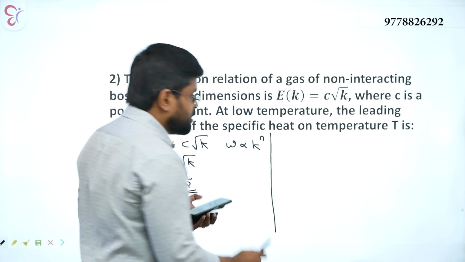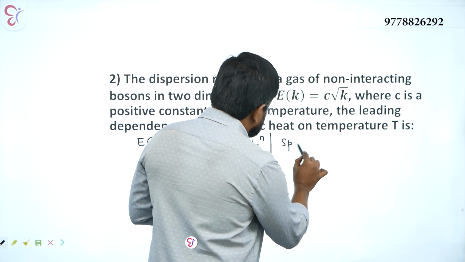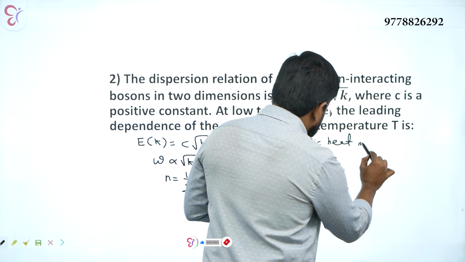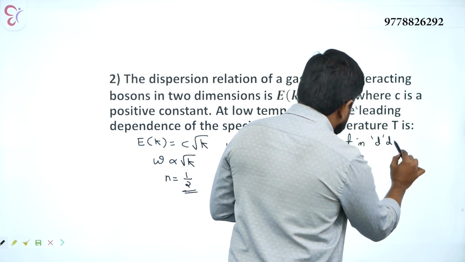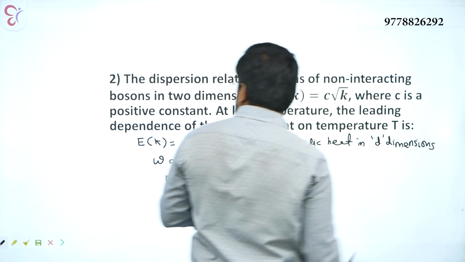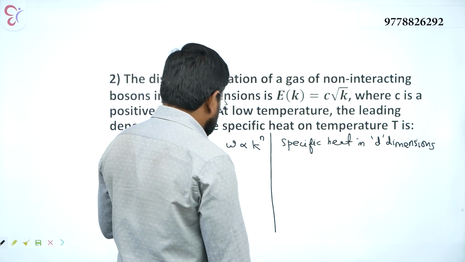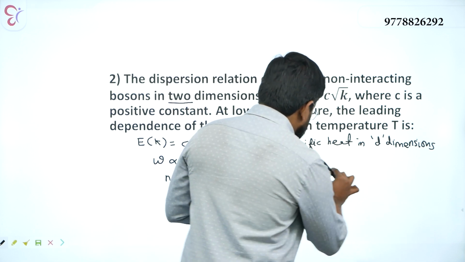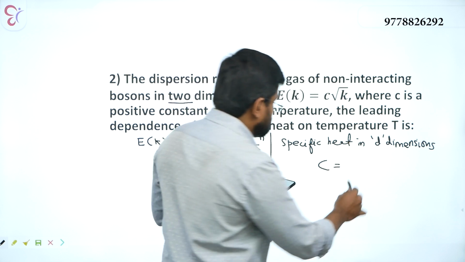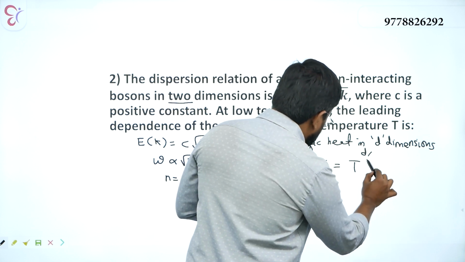we also have studied the relation of a specific heat. So the specific heat in d dimensions, here it is 2 dimensions, isn't it? So specific heat in d dimensions can be written as C is equal to T power d by n.